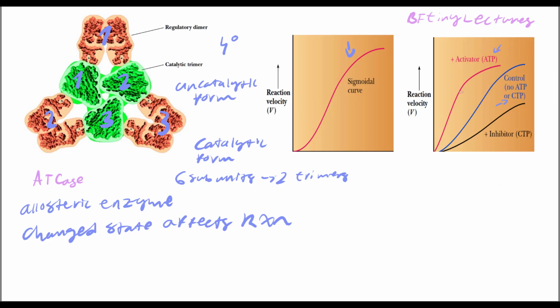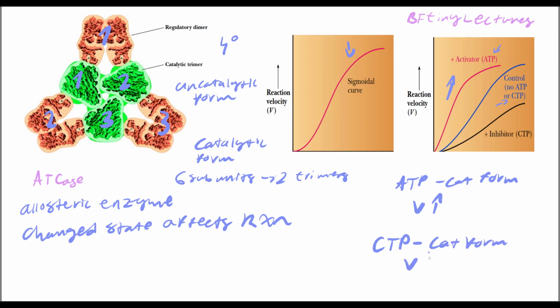But whenever you add ATP, which is a substrate, the reaction velocity, as you can see right here, actually increases. So the catalytic form with ATP, velocity increases, okay? But whenever the ATCase is bound to the inhibitor CTP, the catalytic state makes the reaction velocity decrease.